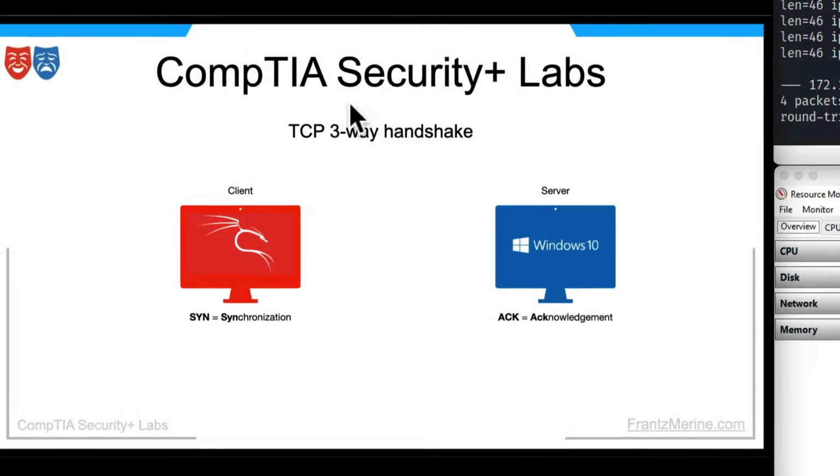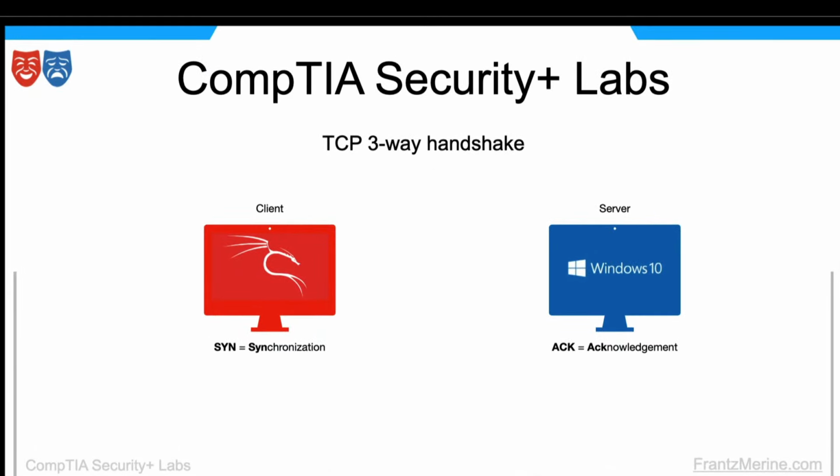So we'll go to our map, and this is how computers try to communicate. For example, when our Kali Linux device wants to open up a TCP connection with the Windows device, the first thing it does is send a SYN packet, a synchronization packet. And the Windows 10 device will reply with a SYN-ACK.